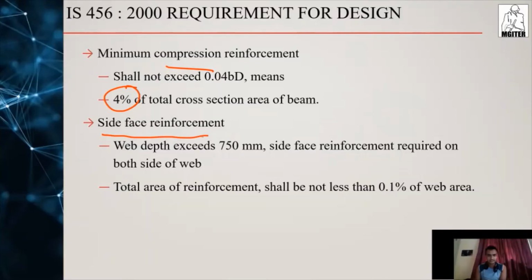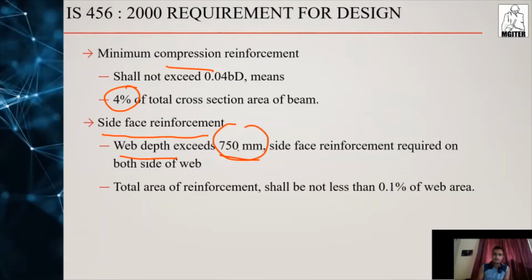Then after that, side face reinforcement. Whenever the web depth exceeds 750 mm, if the depth of the beam is more than 750 mm, then we have to provide side face reinforcement.